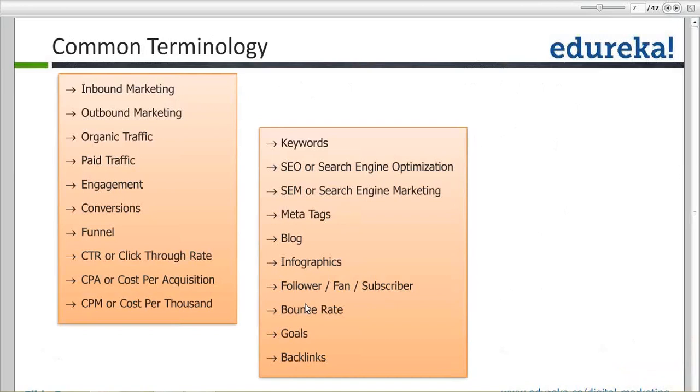Next definition is cost per thousand. This is again a way of paying different platforms. As I said, one way of paying is cost per click, which is when a user clicks on an ad on any platform, the advertiser pays money to the platform. That is one way of doing it.